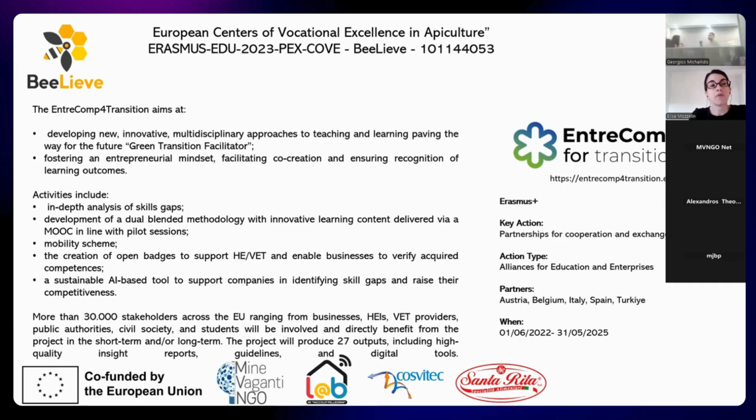And the aim of this project is to develop new, innovative, multidisciplinary approaches to teaching and learning in order to pave the way for the future green transition facilitation, and also to foster an entrepreneurial mindset, facilitating co-creation and ensuring recognition of learning outcomes.